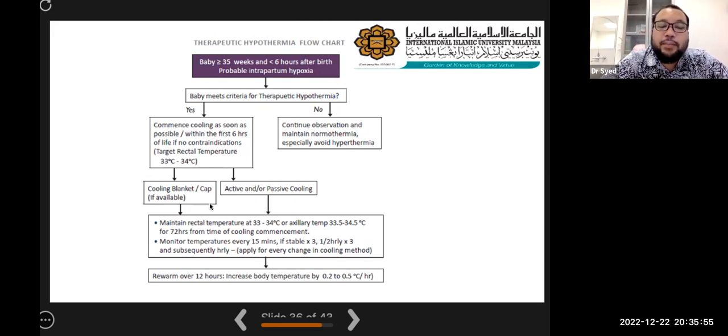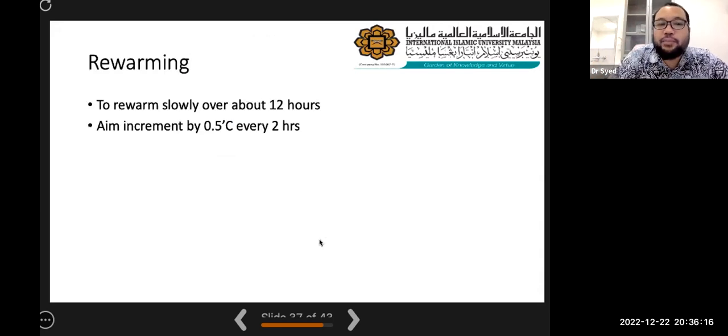So we maintain this temperature for 72 hours from the beginning when we start. And then after the 72 hours finish, we will rewarm the baby over 12 hours by 0.2 to 0.5 degrees Celsius per hour. That's the maximum. Okay, understand?